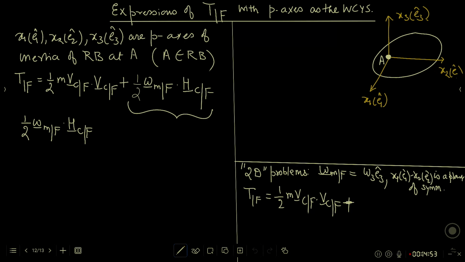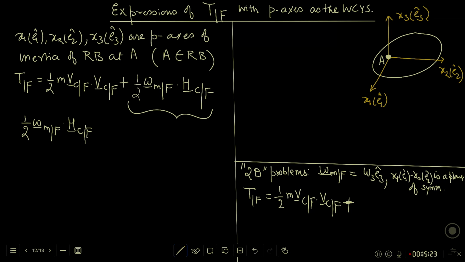What is next? Next, again, I want to derive some alternate forms of kinetic energy of the body when I know my working coordinate system. So suppose this is the RB and you have this frame F, and I am using this as my working coordinate system.